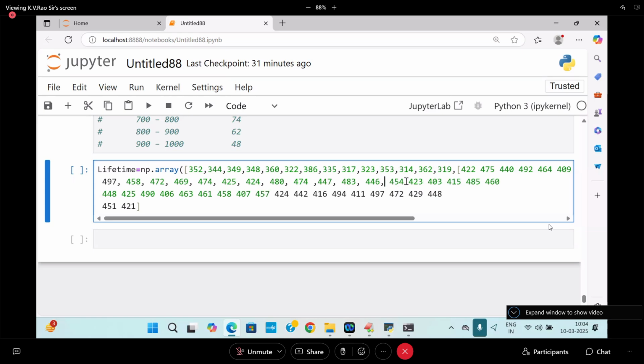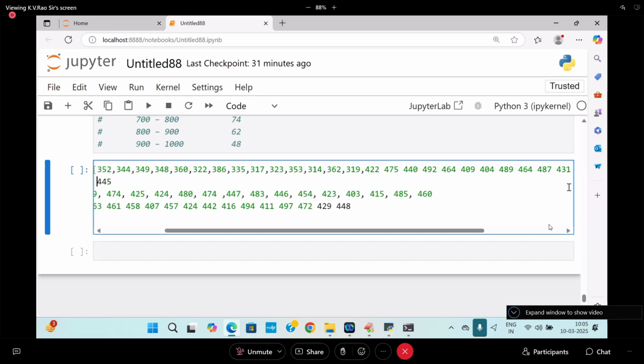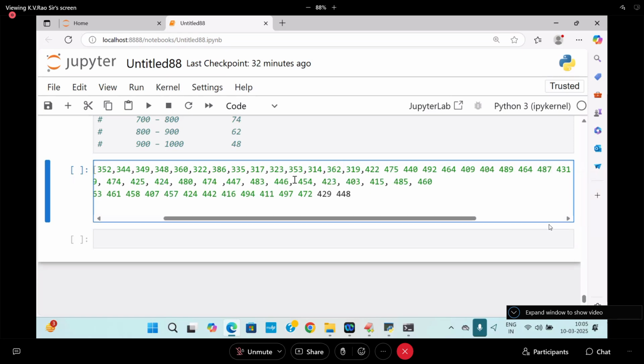So this is a big punishment. Here you need to take it. So 459. These values you need to take like this.